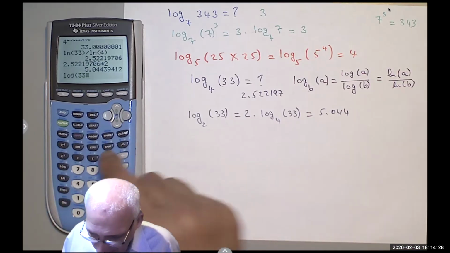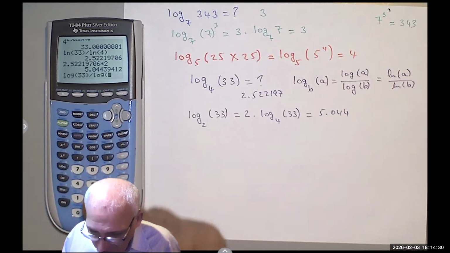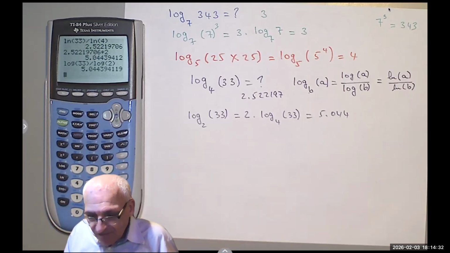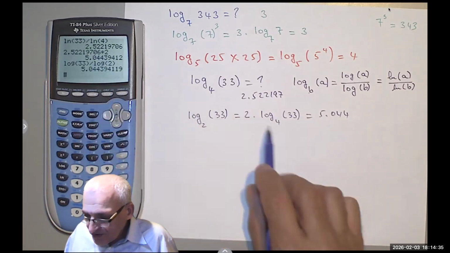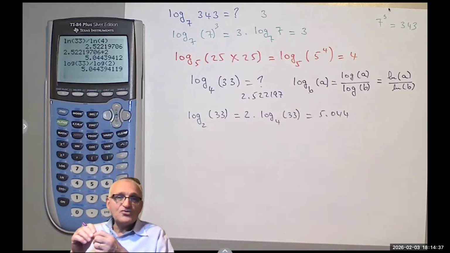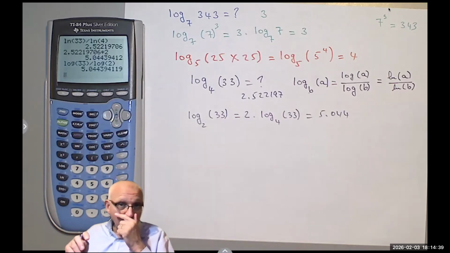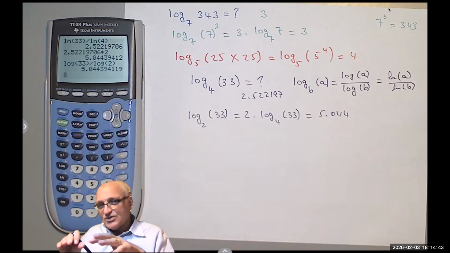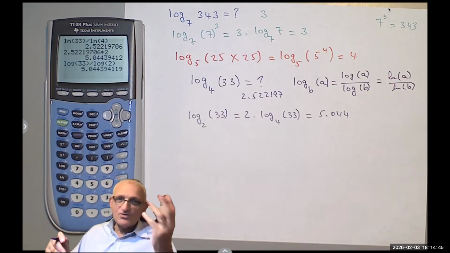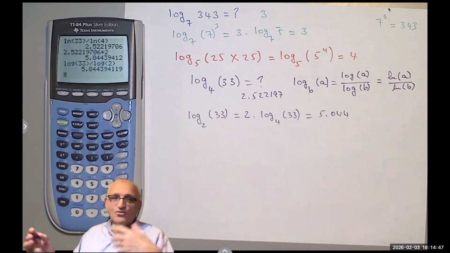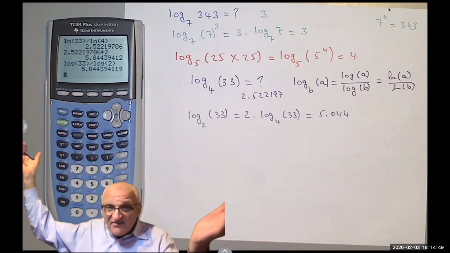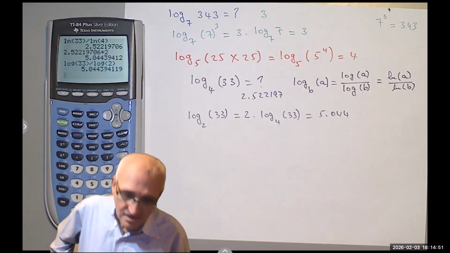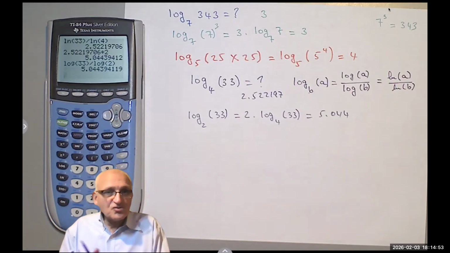Log 33 divided by log 2, 5.044, which is twice the log to the base 4. So that's similar to what we did there when the bases were not the same, but one base, for example, was 5 and the other was 25, or one was 3 and the other was 27, like power of 3, and so on and so forth.